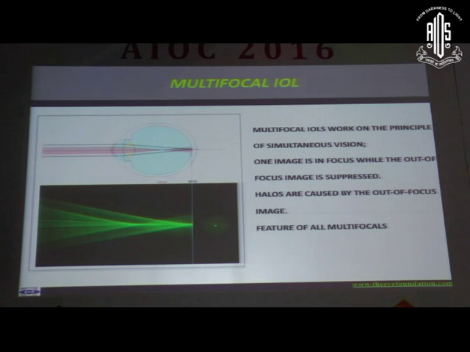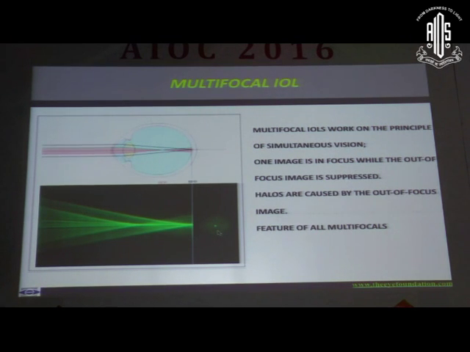So supposing here we have rays of light coming from a near object focusing here, it gets defocused over here. From a distance it's getting focused over here. It is this which is causing a halo, which is causing a glare, and that's what is disturbing to the patient, and that's something which the patients have to live with.